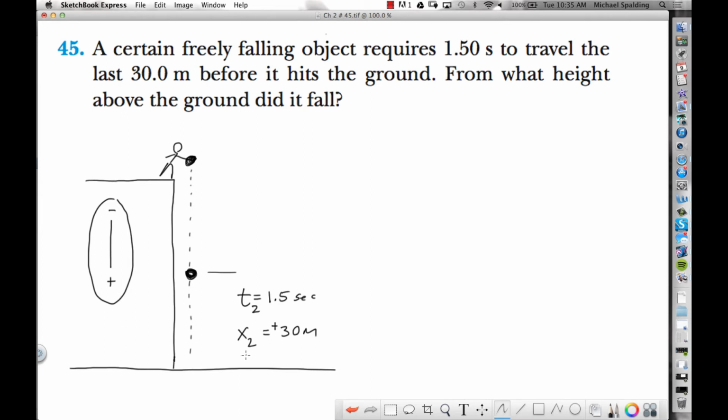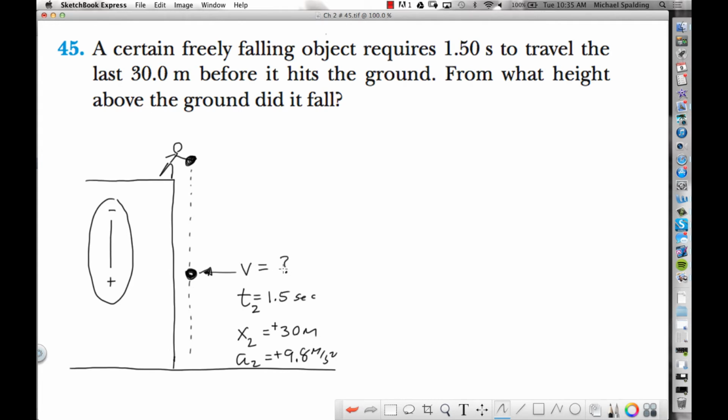Now, what's the acceleration in region 2 as the ball falls? It's equal to gravity, which is 9.8, positive because we said down is positive. Now, the velocity right at the beginning of region 2, we don't have that velocity.